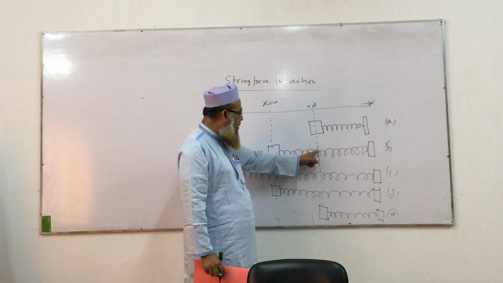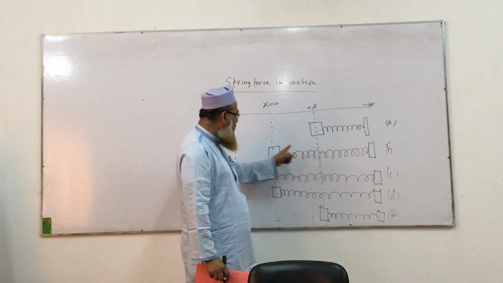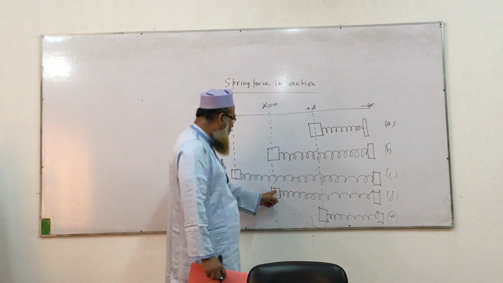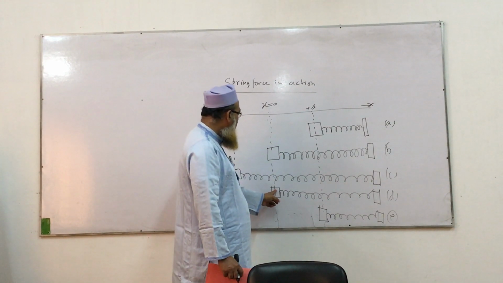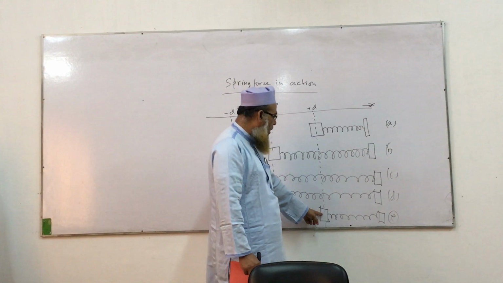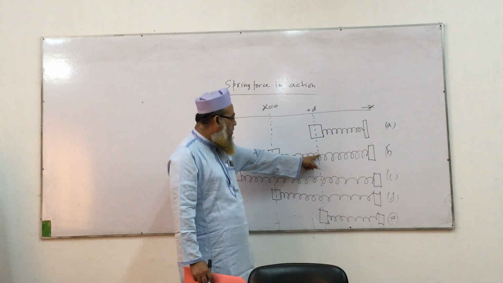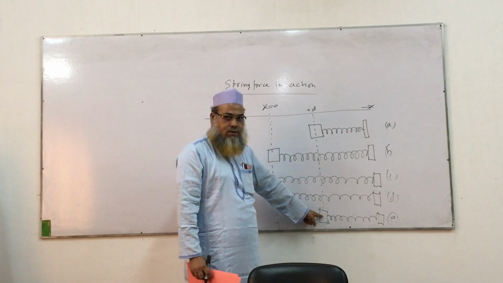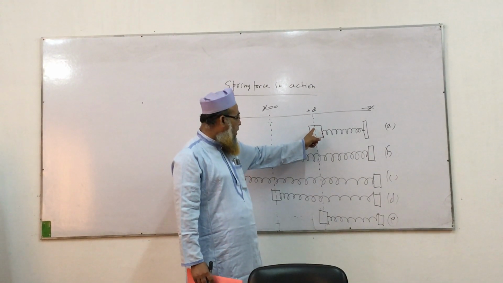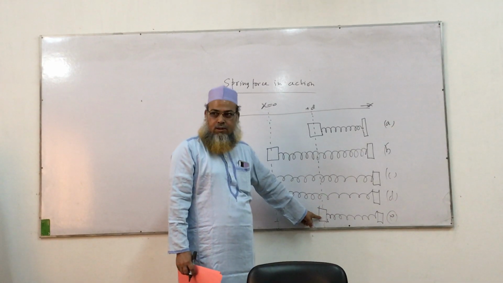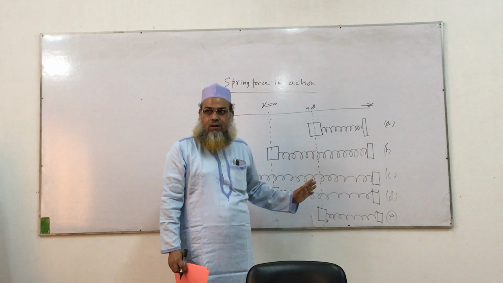The block is at x equal to d, comes to x equal to 0, then goes to x equal to minus d, then goes back to 0, then goes to x equal to plus d. So it is a cycle. The initial position and the final position are the same.